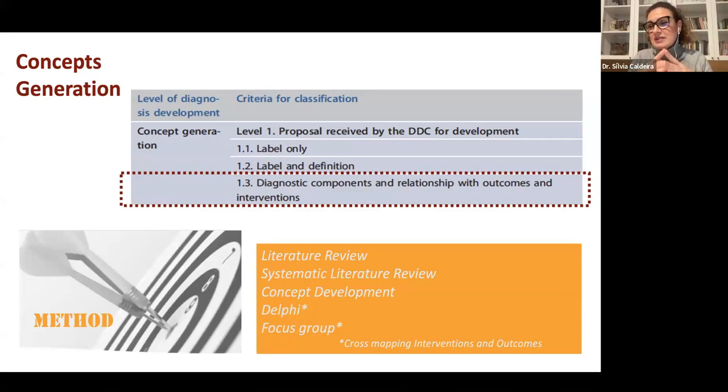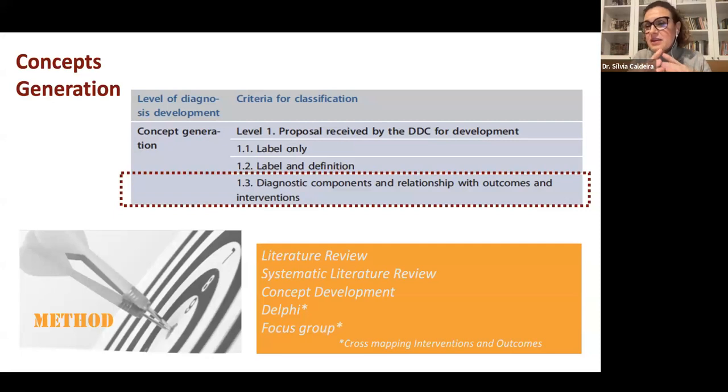Here you can start listening to experts to help you analyze what's in the literature, what the structure is, if it makes sense, if it is applicable, if it relates to a nursing diagnosis, if it is really interesting for a nurse to address.